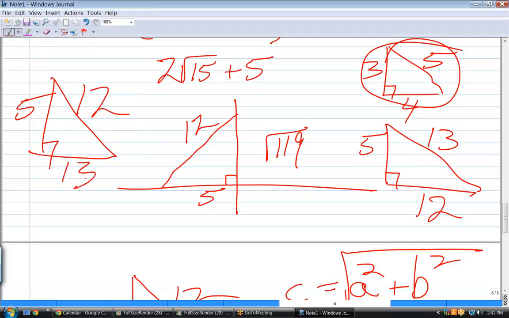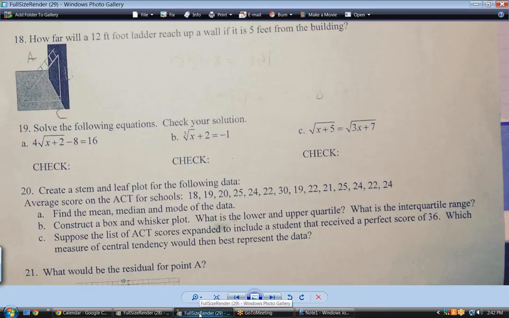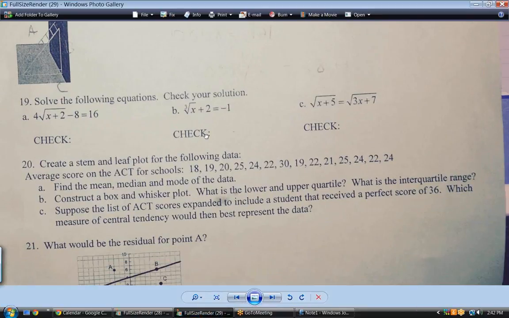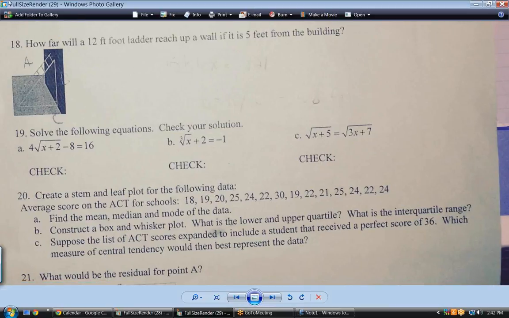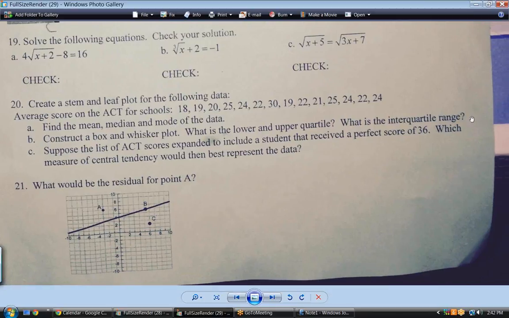But remember, the hypotenuse always has to be the longest side. So whenever you see a ladder problem, it's just a triangle problem. Always. A right triangle problem, I might add.